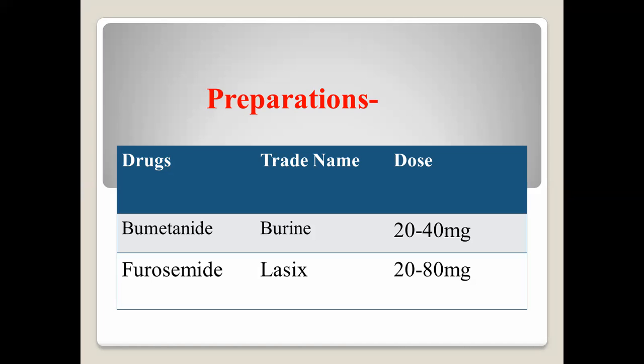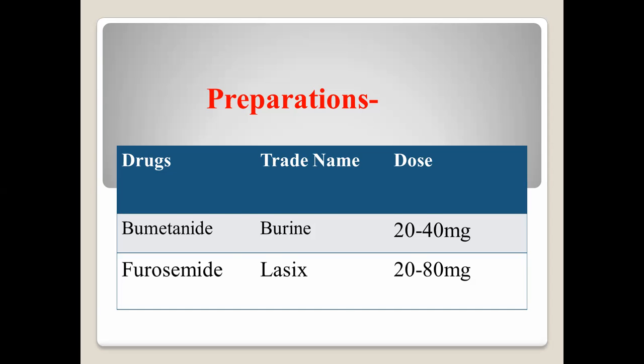Their trade name? Burinex. Dose? 20 to 40 mg. Then the second drug, Furosemide. Their trade name? Lasix. Dose? 20 to 80 mg.